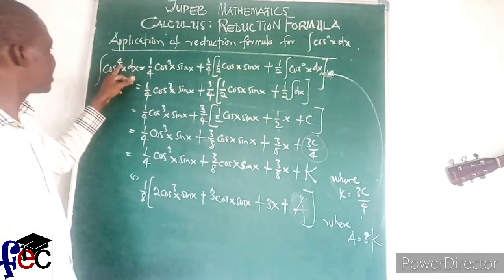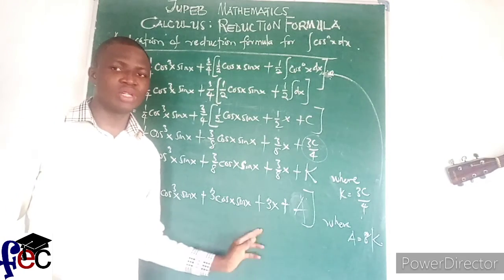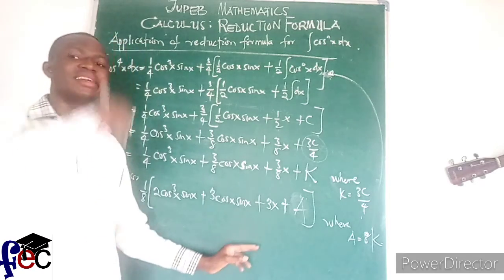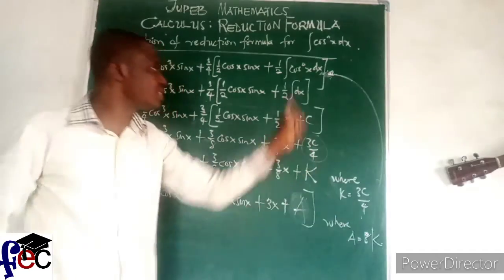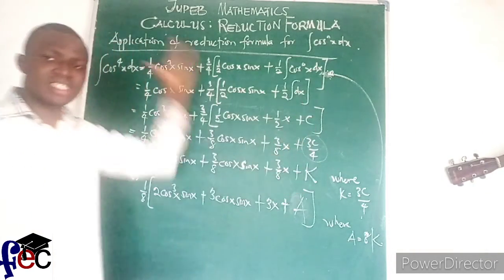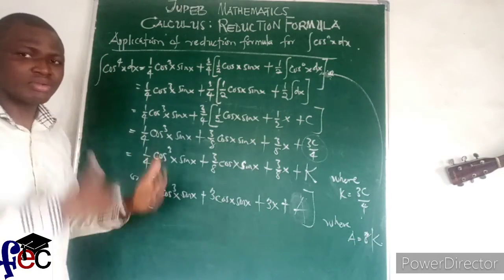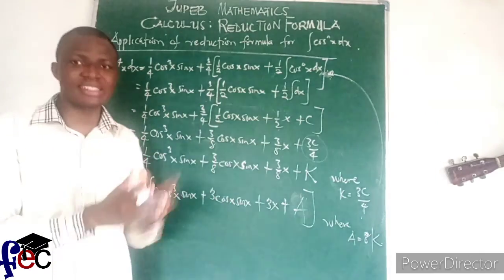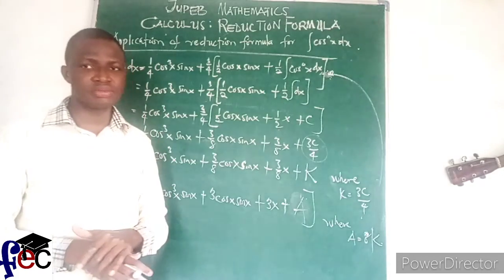So if this were to be 6, we will get c sub 4, we get c sub 2. Do you understand? When we get to c sub 4, we have to apply reduction formula to get c sub 2. We apply reduction formula again till we get to this terminating integrand. So the same thing for odd. Depending on the degree, the number of times you will apply the reduction formula will be based on the degree of the trigonometric function.